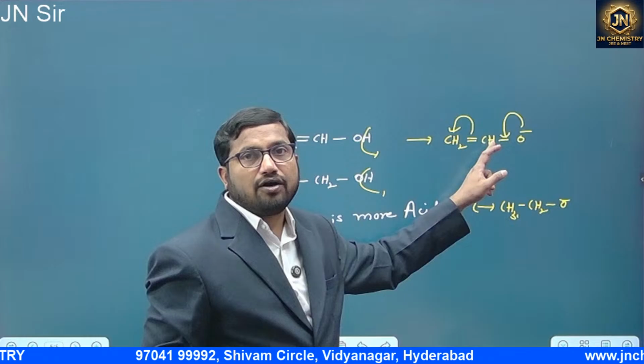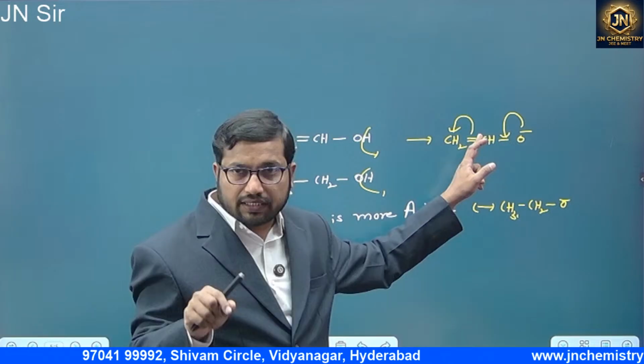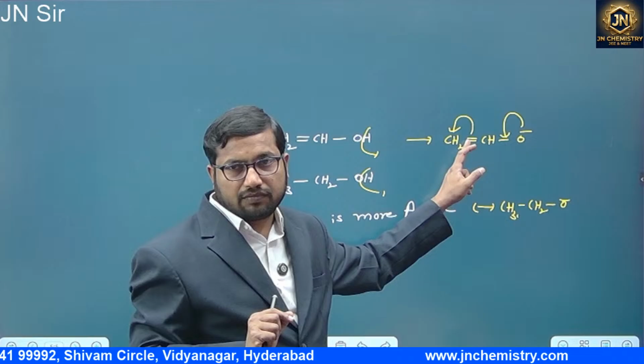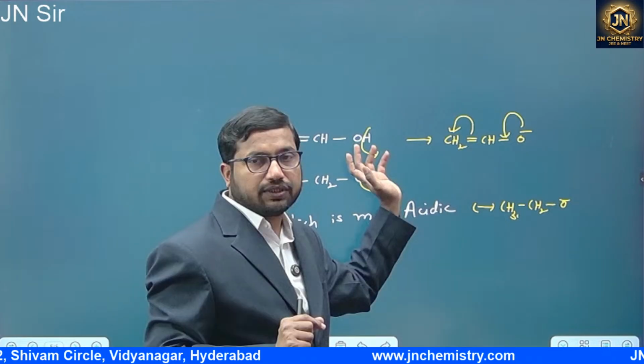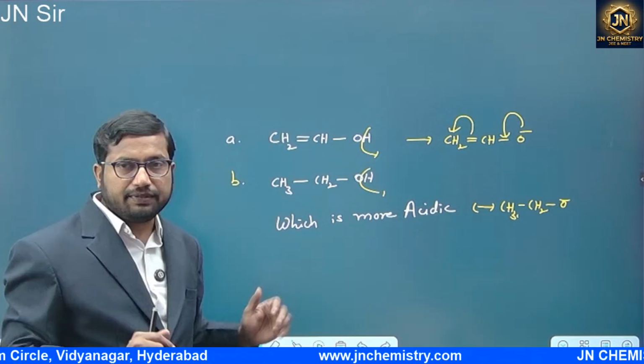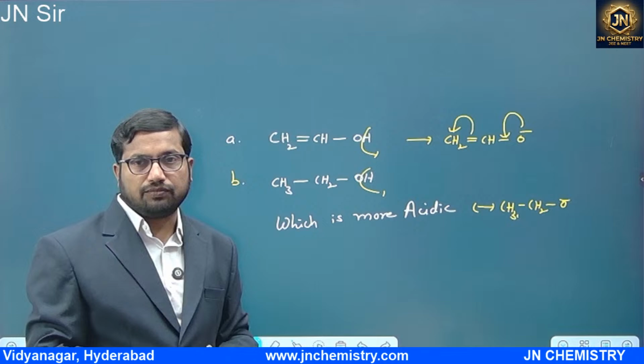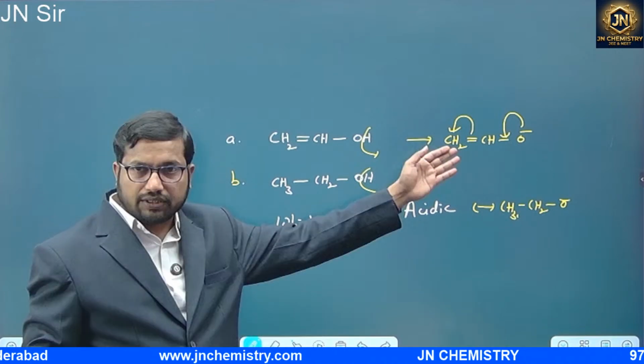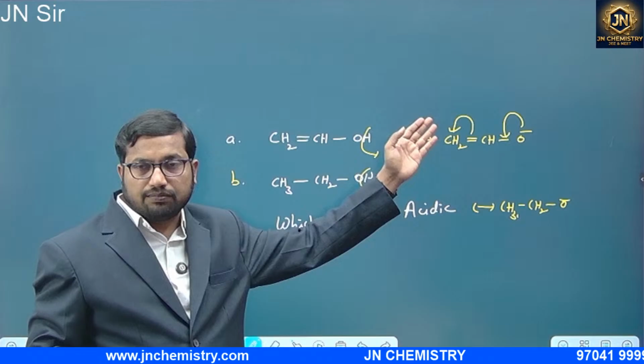Generally, if compounds are having the resonance, those compounds are more stable. So in these two cases, which is more acidic, meaning which is giving the H plus more easily? The first one, because after losing the H plus, the product is more stabilized.